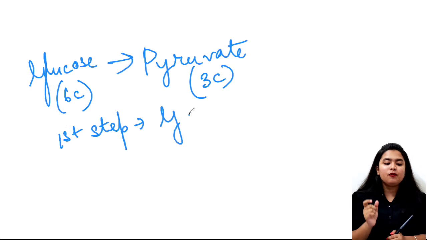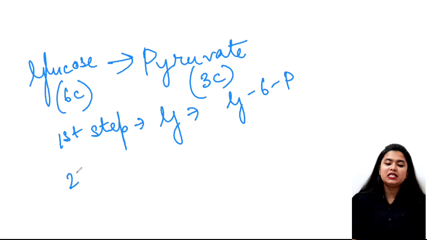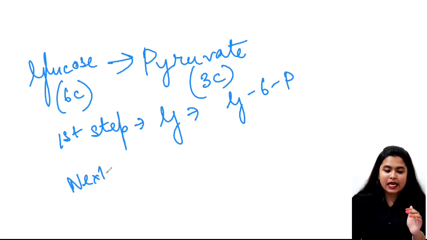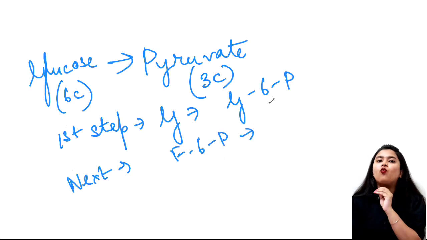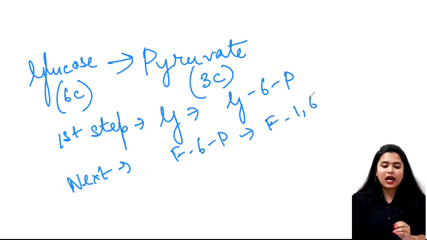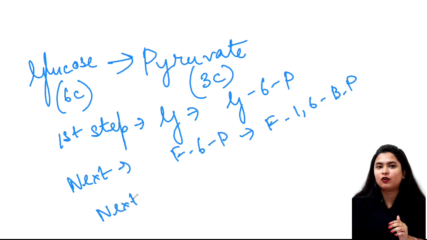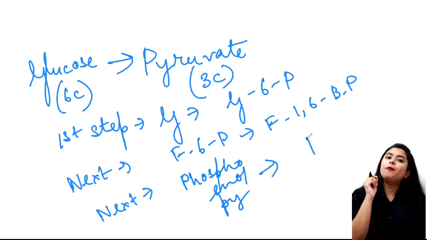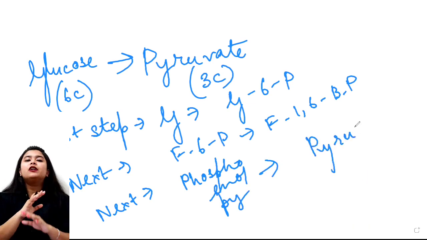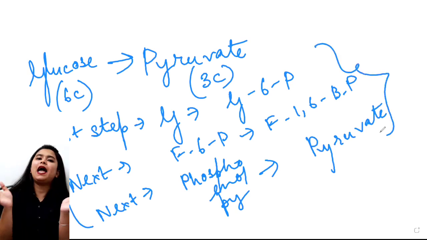The first irreversible step is glucose to glucose 6-phosphate. The next irreversible step is fructose 6-phosphate to fructose 1,6-bisphosphate, right? And the third irreversible step is the last step of glycolysis, where phosphoenol pyruvate is converted into pyruvate.